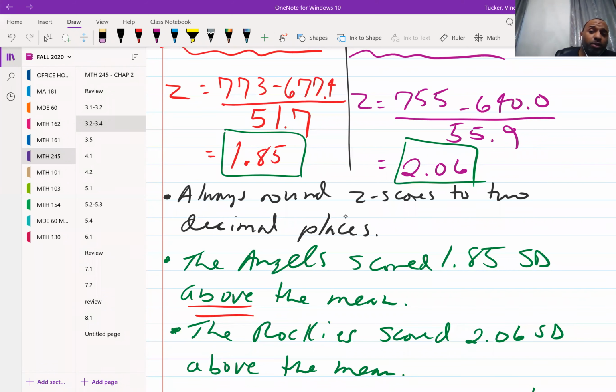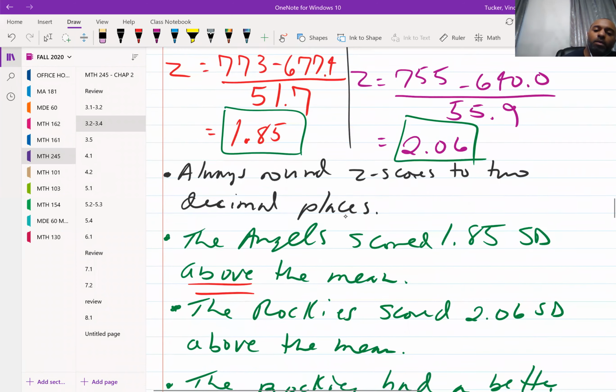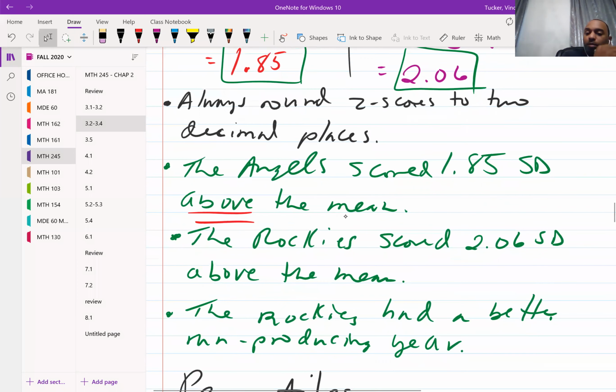So it is possible for your z-score to be negative. In this case, both of them were positive, so both of them scored 1 point whatever the value was above the mean. But if it was negative, then it would have been below the mean. So that just means the Rockies, who scored 2.06 standard deviations above the mean, had a better run producing year.